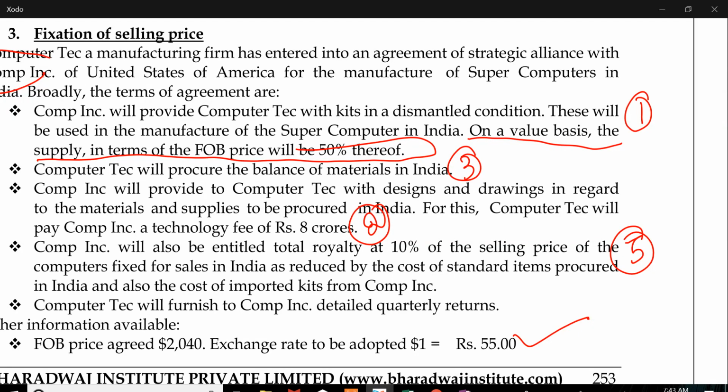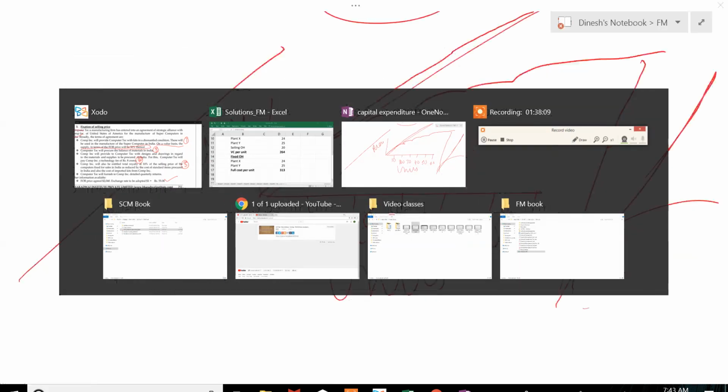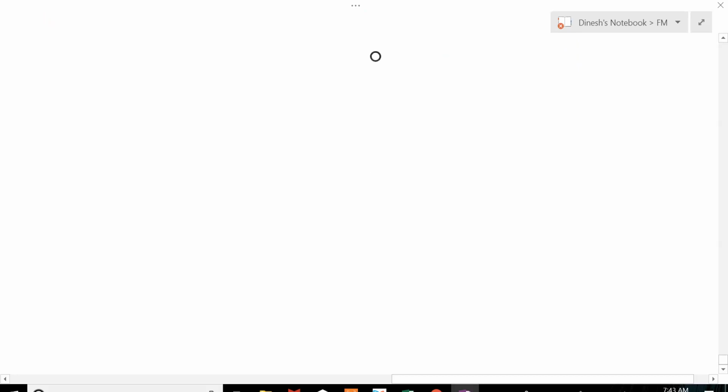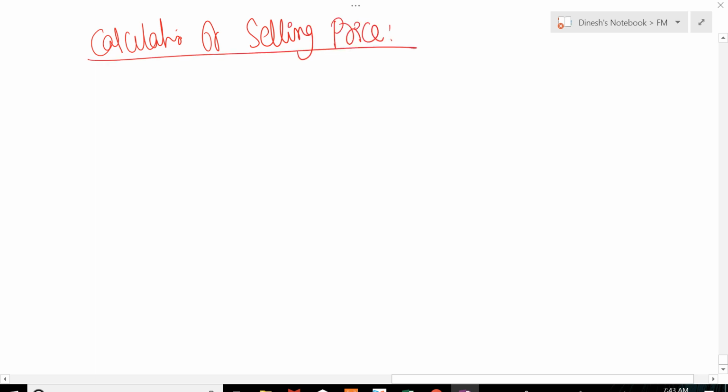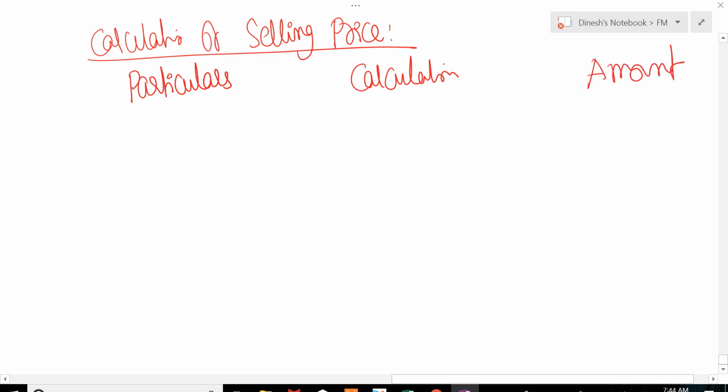Working note 1, calculation of selling price of supercomputer in India. Particulars, calculation, amount.